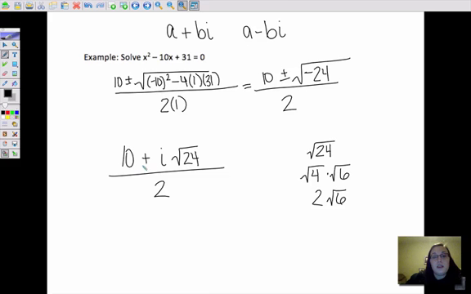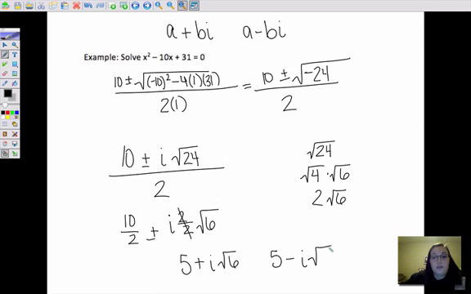So what I see is that actually each term is going to be divisible by this 2. So really this is going to cancel out, and this is going to be 5. And I forgot we have a minus in there. So my two answers are 5 plus i root 6 and 5 minus i root 6.